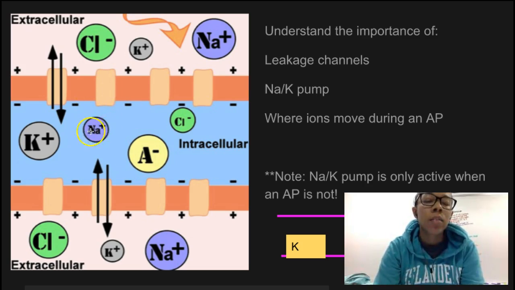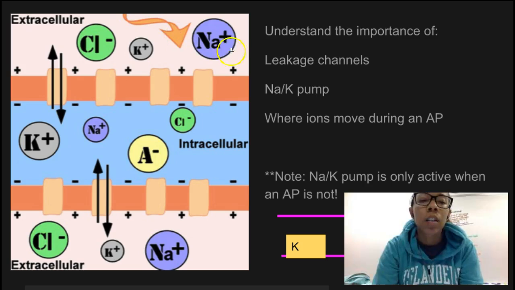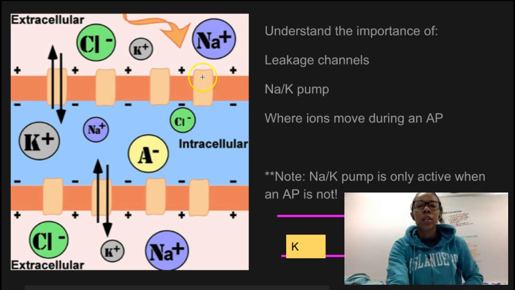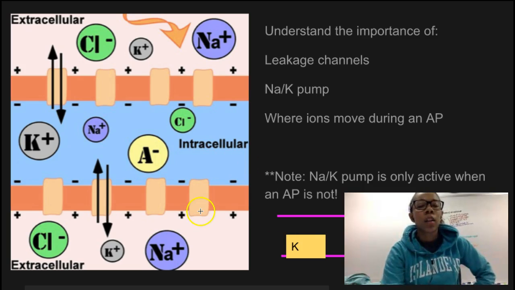You do have small amounts of sodium and chlorine on the inside, but their concentrations are smaller on the inside than they are on the outside, hence why sodium and chlorine are bigger in the extracellular fluid. Same idea with potassium. You're going to have small amounts of potassium on the outside of the cell. That's going to make more sense when we talk about sodium-potassium pumps.